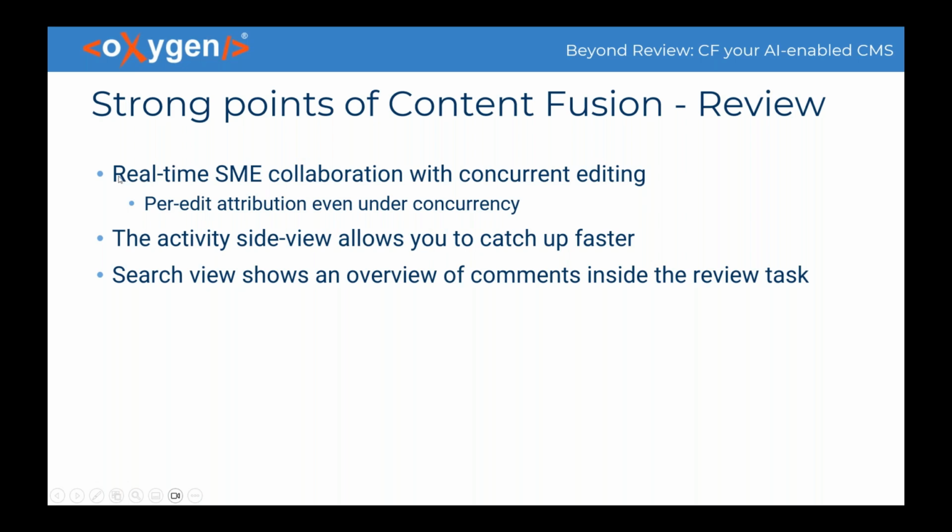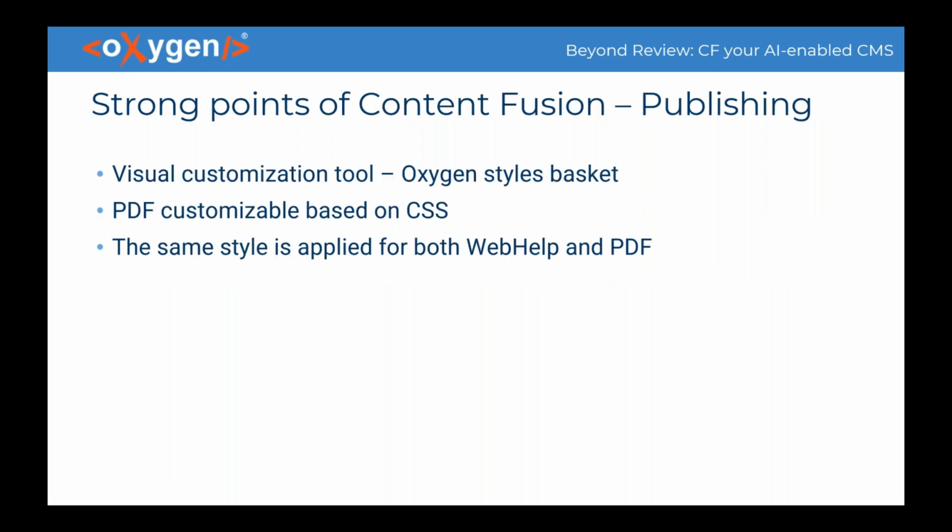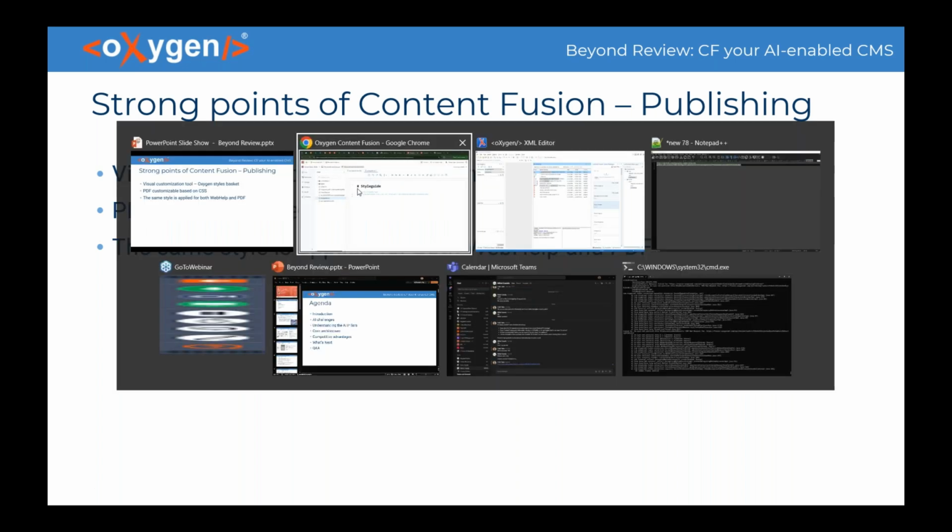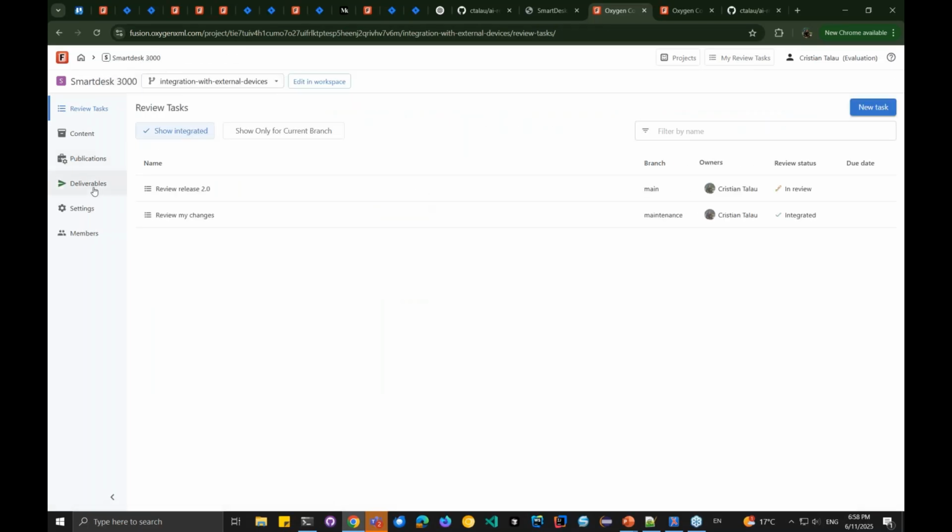For the review part, there are some strong points that we had for quite some time here. And the strong points of Content Fusion related to publishing is that it contains this visual customization tool, which is called Oxygen Styles Basket, that I showed a bit earlier.